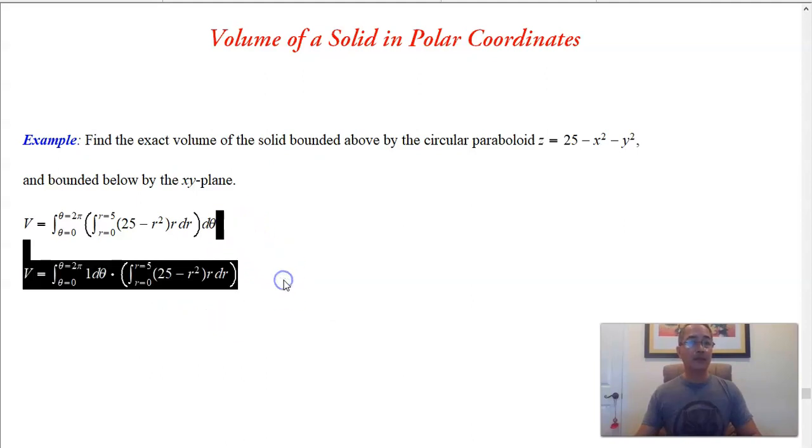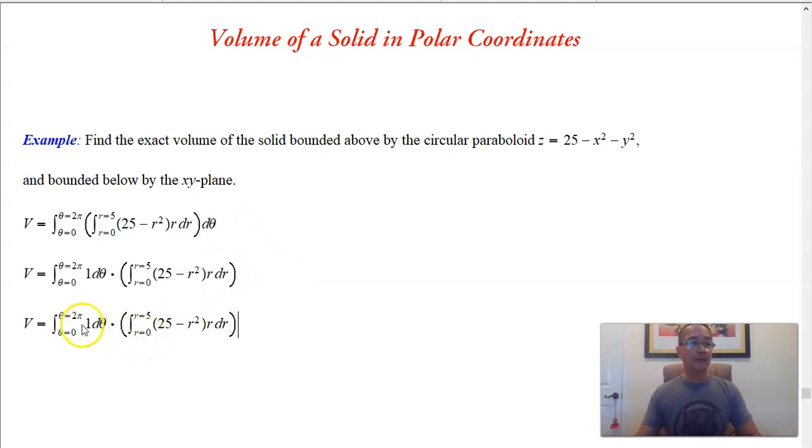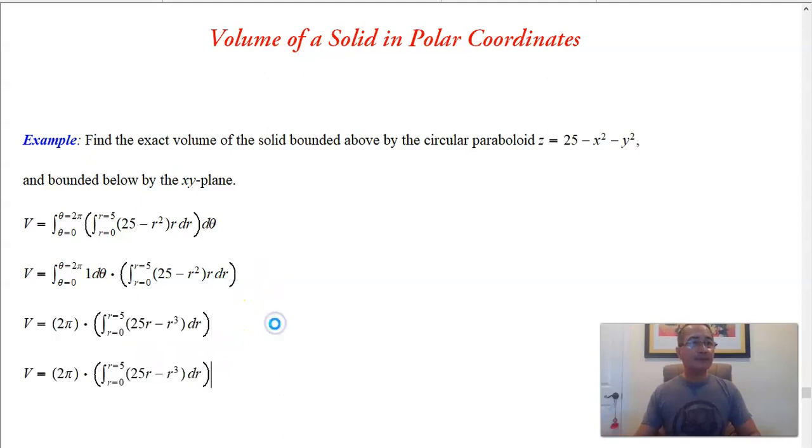So the first one is just theta going from 0 to 2 pi, so that is simply 2 pi. But the second one, we do have to integrate. So first we distribute the r. So we have 25r minus r cubed. And then we take the antiderivative.